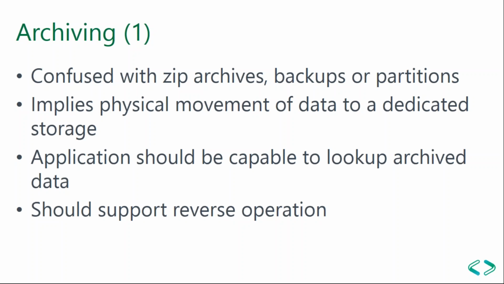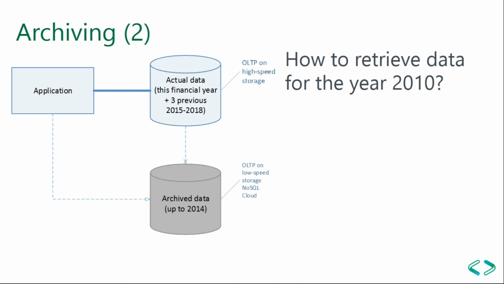You can implement it in your database or in your application. For example, we have an application with an active database. The database is growing very fast, and we couldn't afford to store it on our database server. It's very large, so we decided to store only the current financial year and the 3 years before.